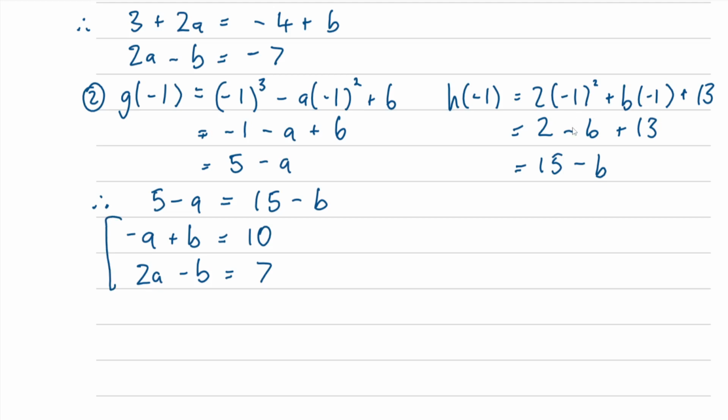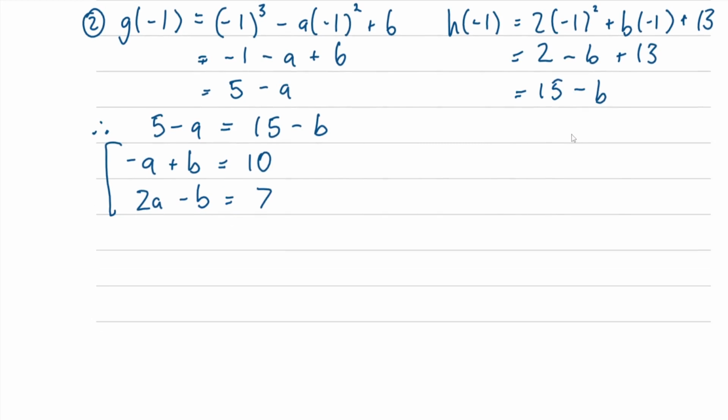Many different ways you can solve a system of equations. I'll use the elimination method. So what that means is we're trying to add these equations in a way to eliminate one of the variables. So I see that we have plus b and minus b. So if I added those together, the b's would cancel out.